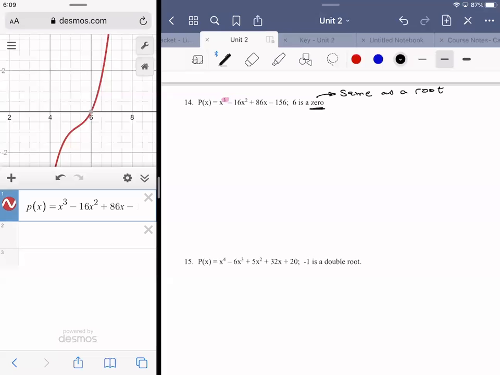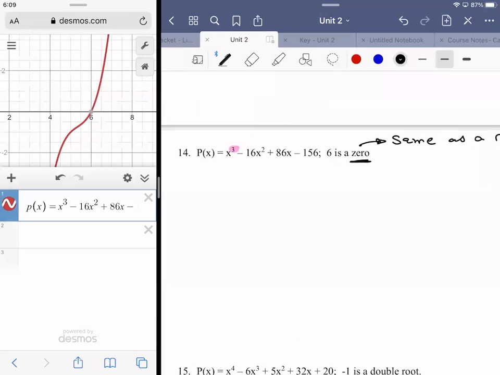So we dive into the synthetic division process. All right. So 1, negative 16, 86, negative 156. Now the root is 6, so that's saying r is equal to 6. So the number that goes on the outside with synthetic division is going to be the 6.